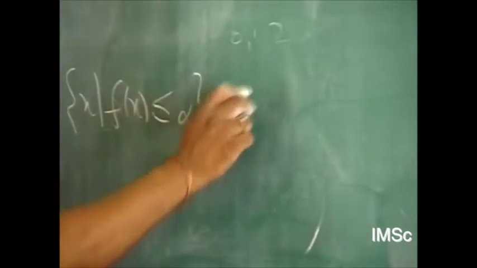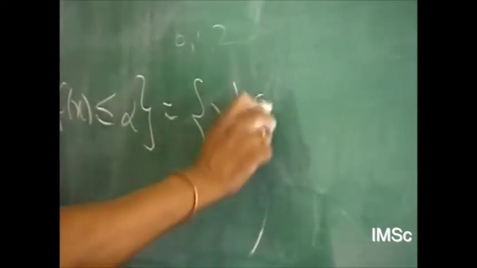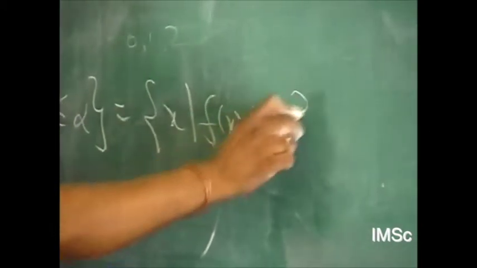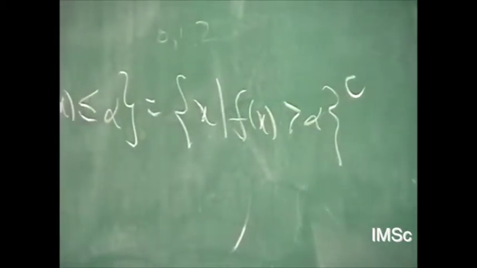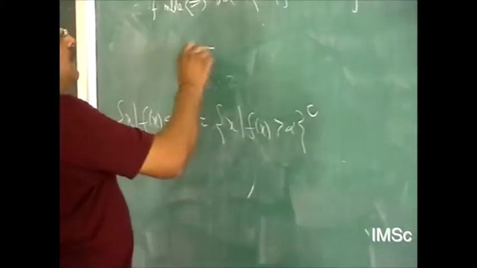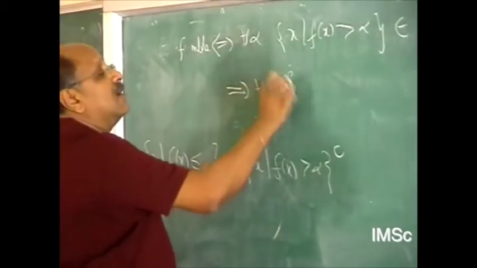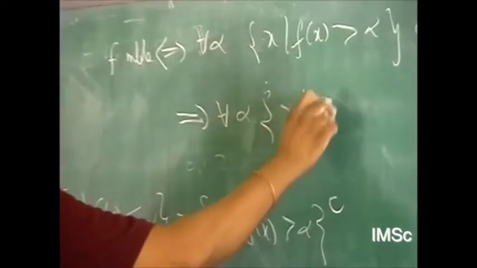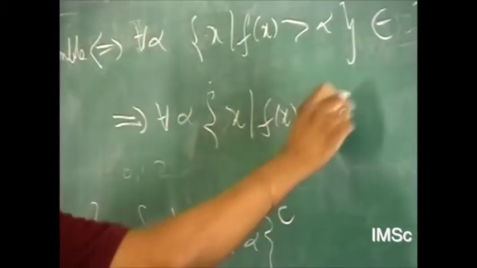So this is nothing but the complement of the set of x such that f(x) is bigger than alpha. So if this is in S, the complement must be in S. So this implies for all alpha, the set of x such that f(x) is less than or equal to alpha is in S.